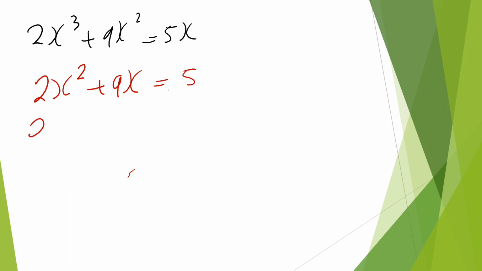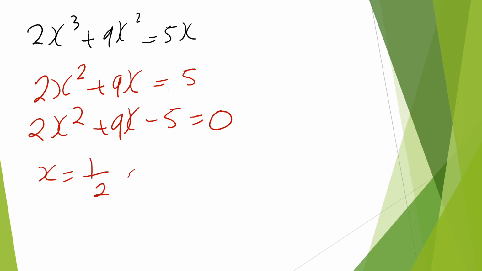And now rearrange. And now you can solve it either using the quadratic formula, or using factorization, or you can even use your graphic calculator. I'm using the graphic calculator at the moment, and that gives me either x equals a half or x equals -5.